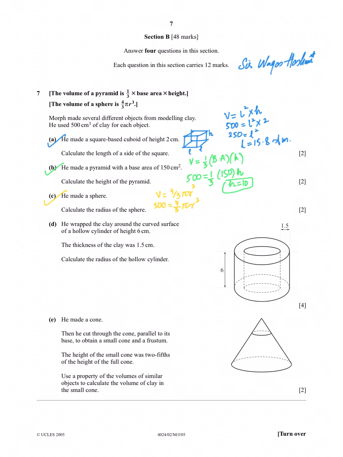So the value of r you will get is 4.92 after the cube root. Alright, so that is your part C. And after that, in part D, he wrapped the clay around the curved surface of a hollow cylinder of height 6, as you can see here. The thickness of the clay is 1.5, and you don't know the radius, right? So let's suppose the radius is this one.